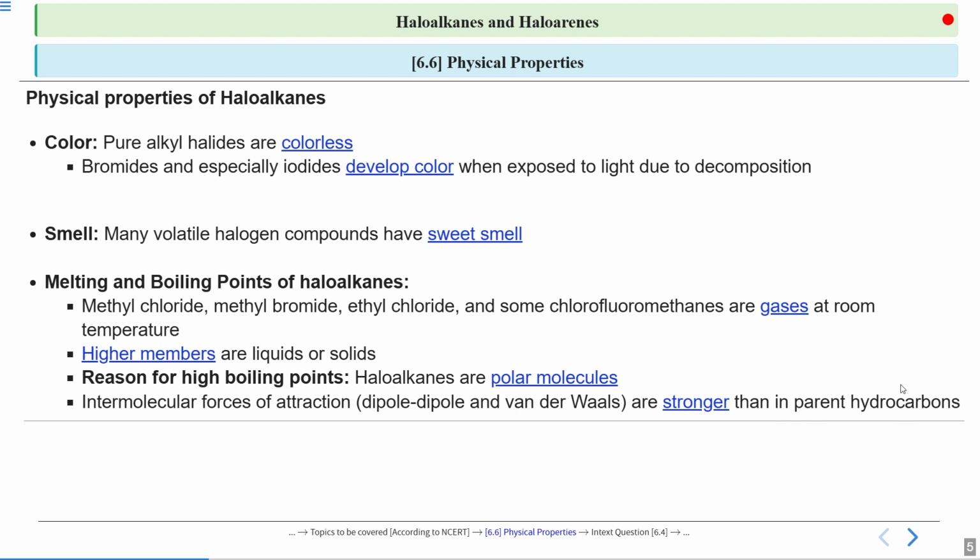In the parent hydrocarbon, there is no dipole-dipole interaction, which is actually present in the haloalkanes, giving stronger attraction. So due to this stronger intermolecular force of attraction, the boiling point of the haloalkanes will be higher than their corresponding alkanes or hydrocarbon molecules.